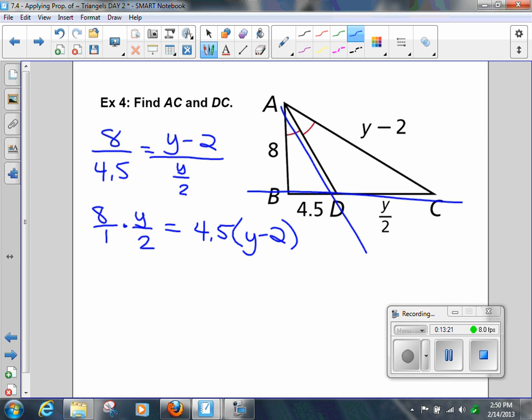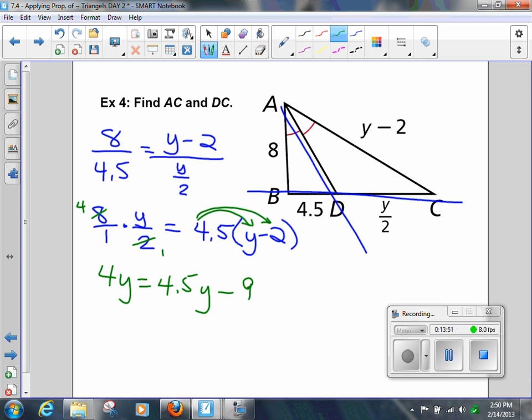Now look what's getting ready to happen. Mathematically, if I write 8 over 1 times y over 2, what can I do here? 8 times y. Won't 2 go into 2 one time? 2 goes into 8 how many times? 4 times y, 4y. And then I have to distribute, and I get 4.5y minus 9.